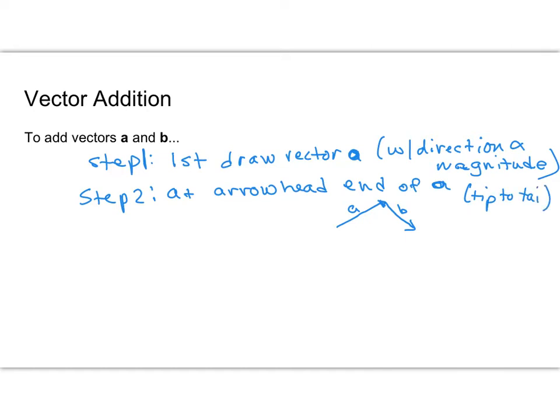Right? The tip of vector A is at the tail of vector B.